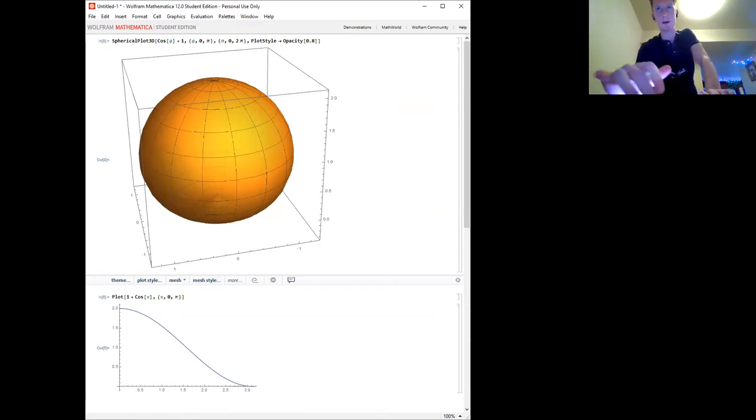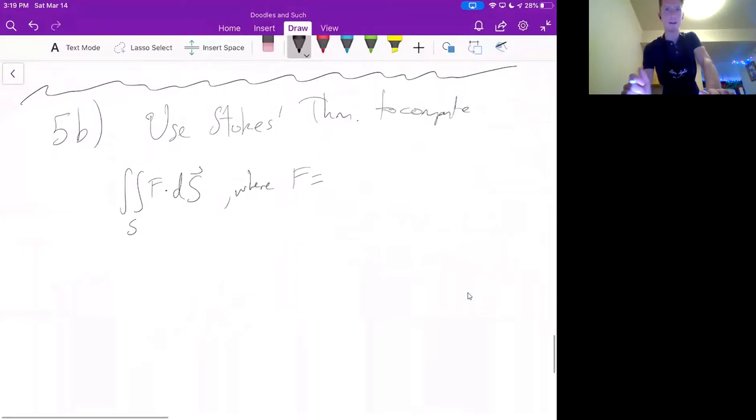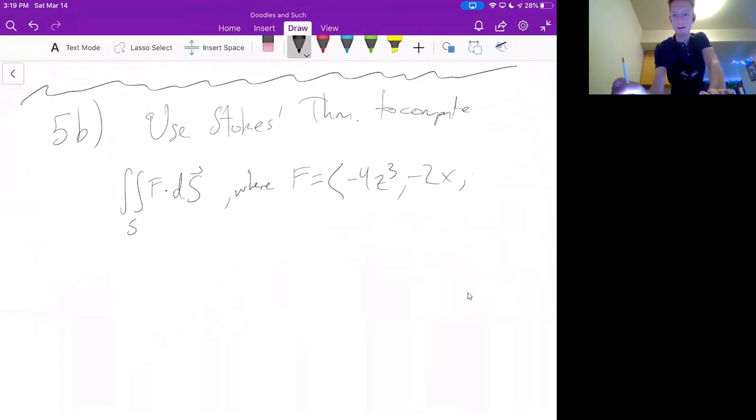Oh, I'm not sharing my iPad screen anymore, so you can't see that. Hold on. Here we go. Okay, back on the tablet, where F is the vector field -4, -2x, -3y squared.